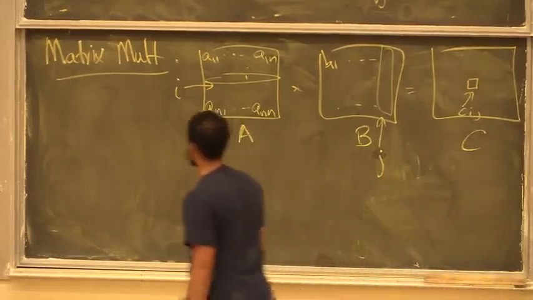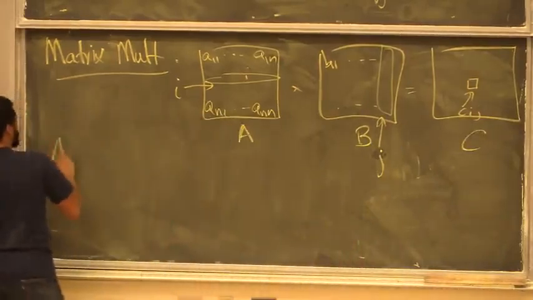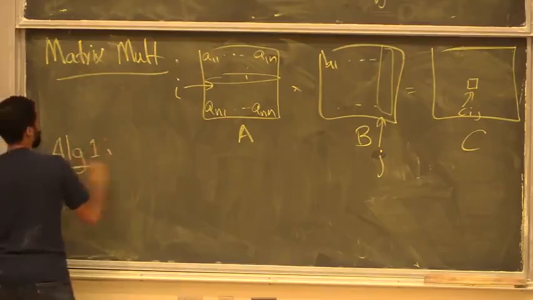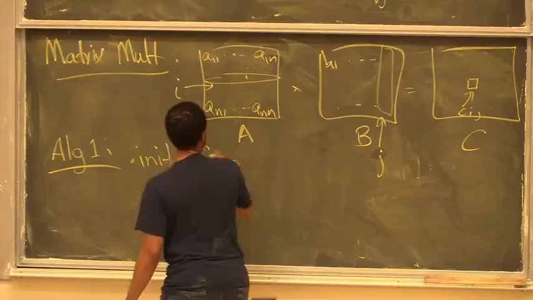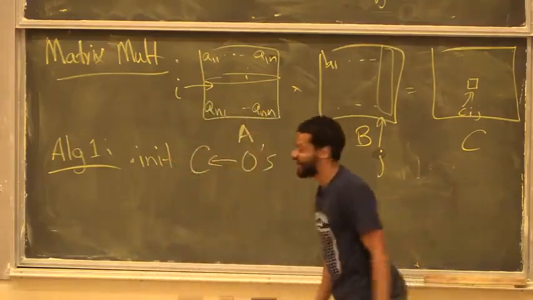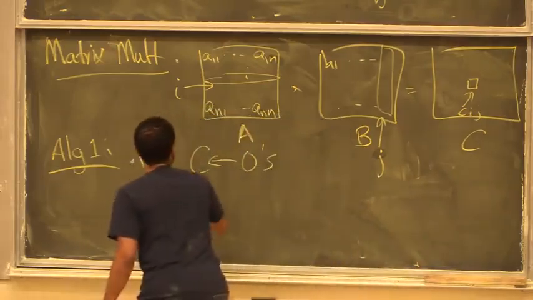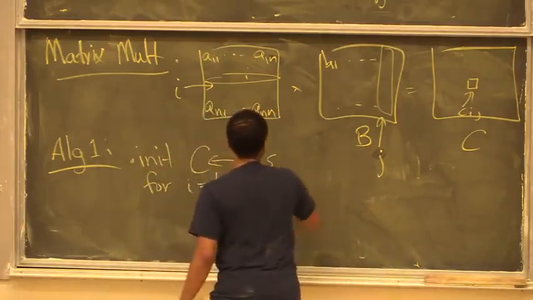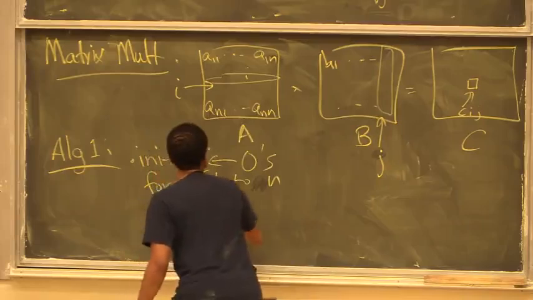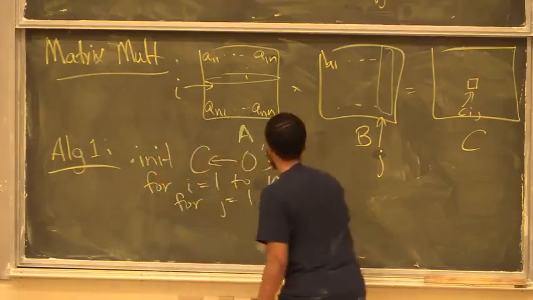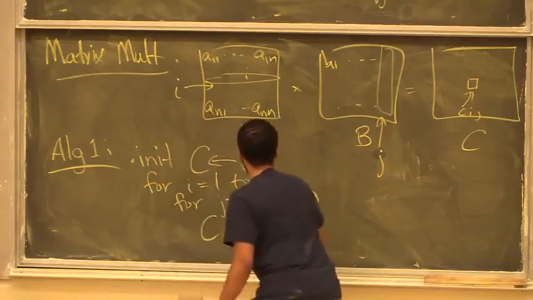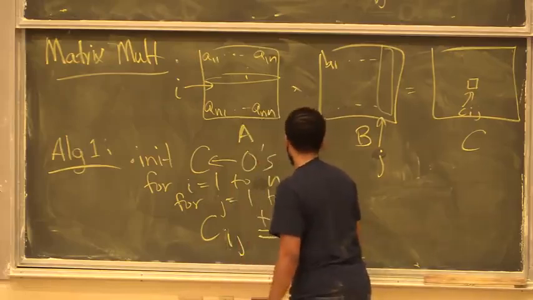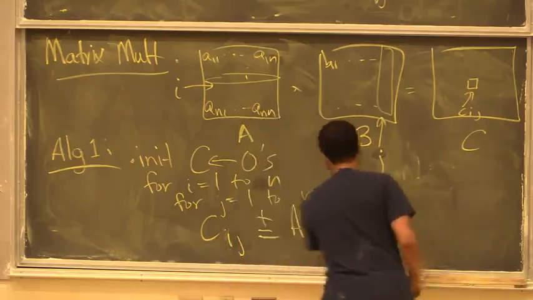So the naive algorithm, the straightforward one, is, first of all, initialize C to all zeros. And then you say, for i equals 1 to n, for j equals 1 to n, Cij plus equals... or I need one more loop.